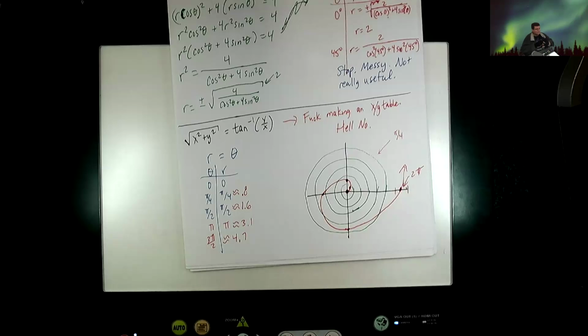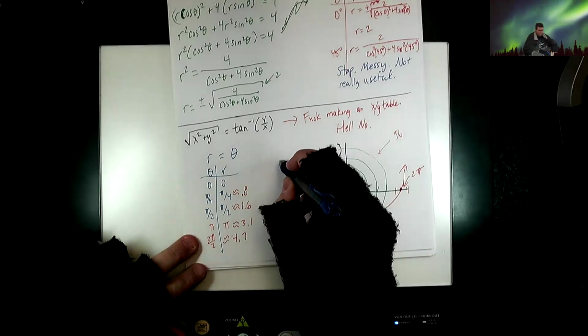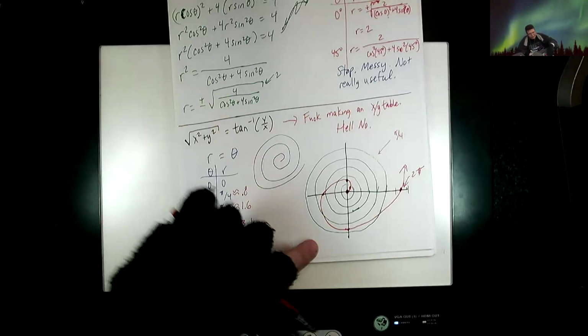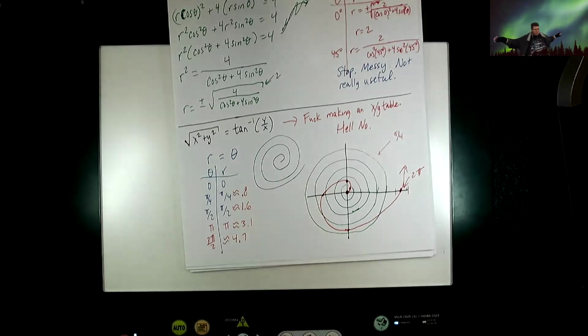And it keeps going. It's a spiral that's getting bigger as you go out. But this looks too clean; it's lopsided looking when you actually plot it.